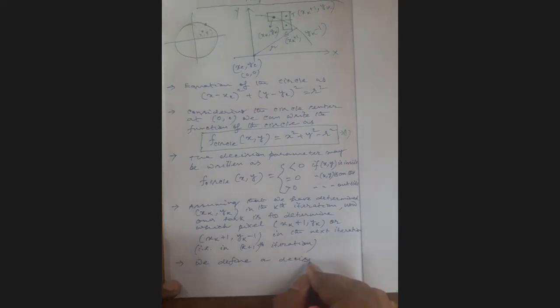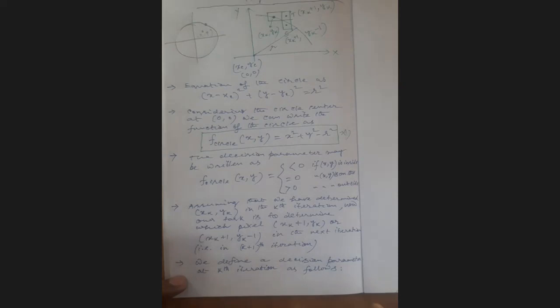Now we define a decision parameter at kth iteration as follows. How are we determining the decision parameter?